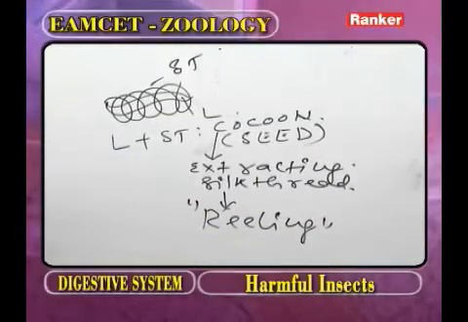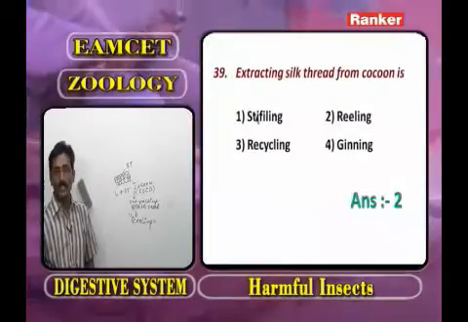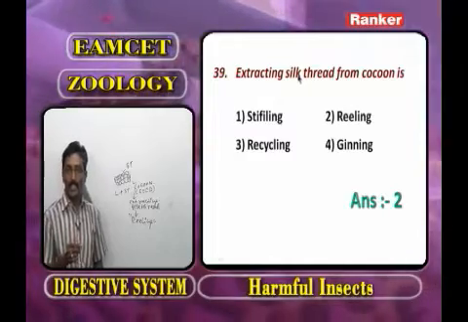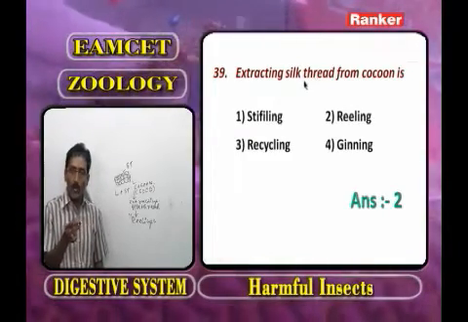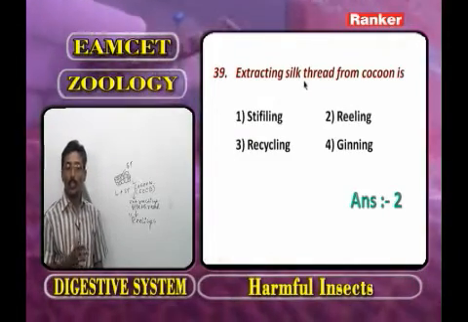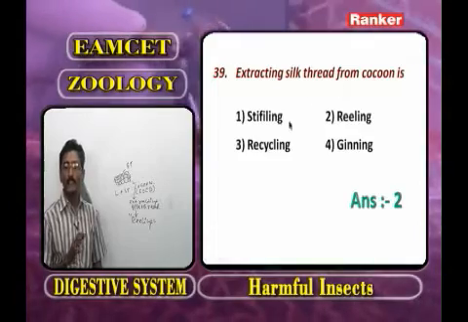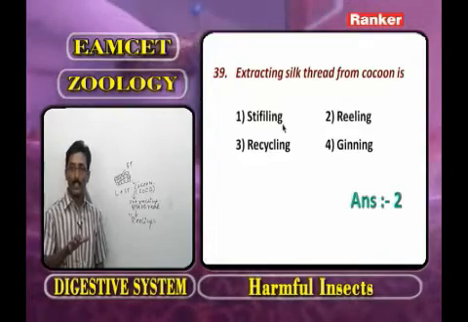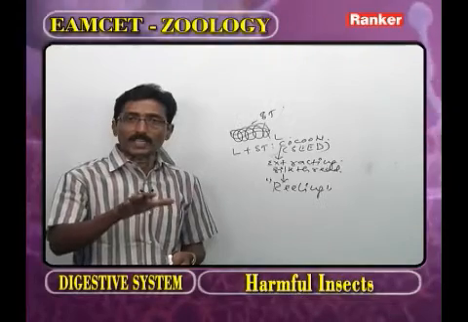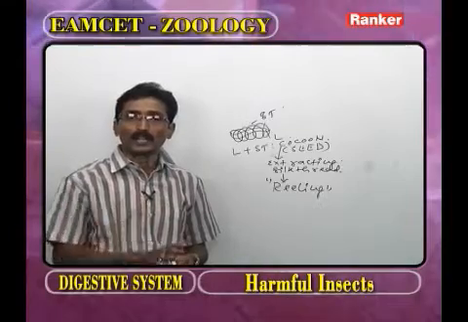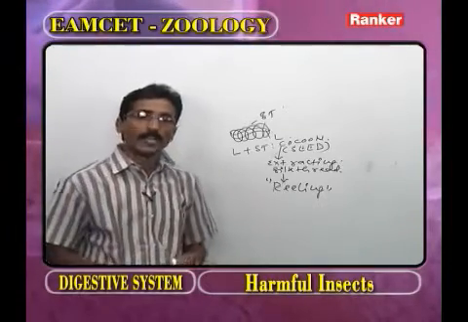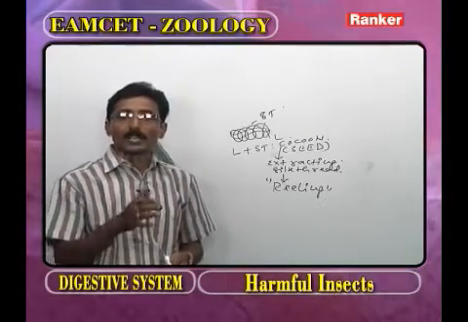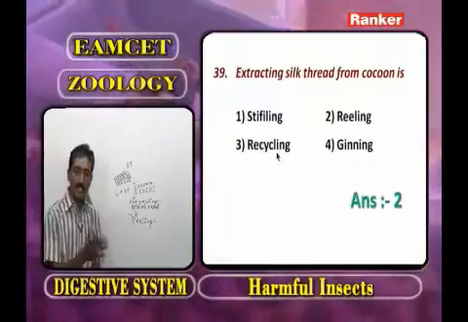Now as we observe the options and question once again, extracting, that is removing the silk thread from cocoon, is: one is stifling. What is the meaning of stifling? The process of killing a pupa is called stifling, that is eliminated. Third option, recycling, that is eliminated.